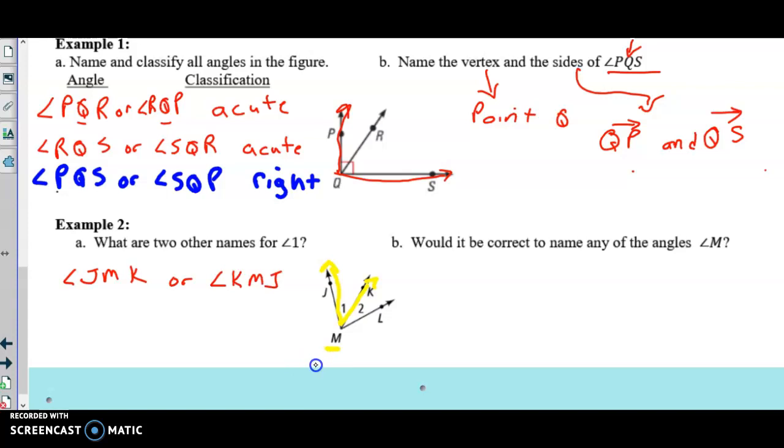Now, up above, we said that we could sometimes name an angle by just its vertex. So it asked, would it be correct to name any of the angles angle M? Well, the problem with that would be that in this drawing, there are multiple angles that have vertex M. There's the one we just talked about, there's angle 2, which also has vertex M, and then there's also the big angle, same color, angle JML.